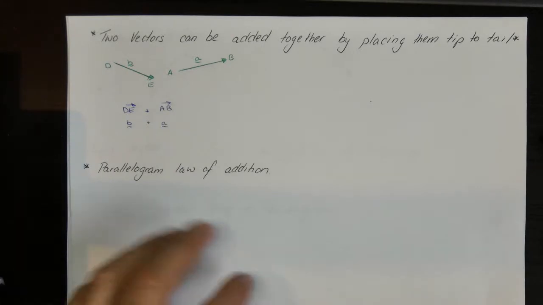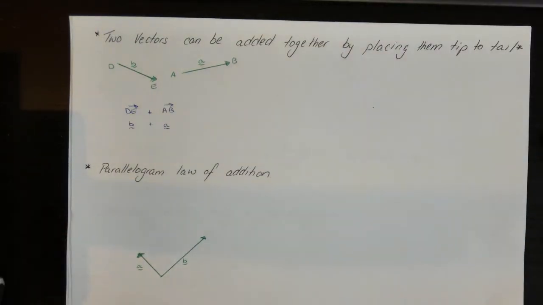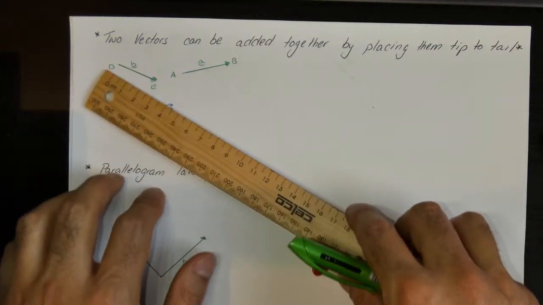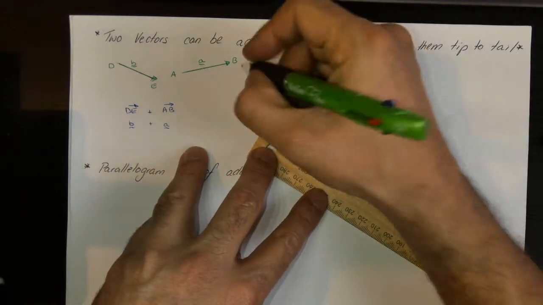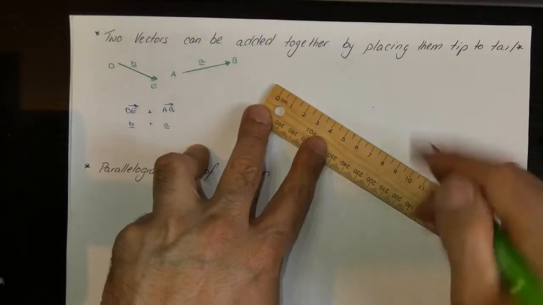Okay. So what we're going to have to do is position the vectors from tip to tail. Okay, so there's my vector.